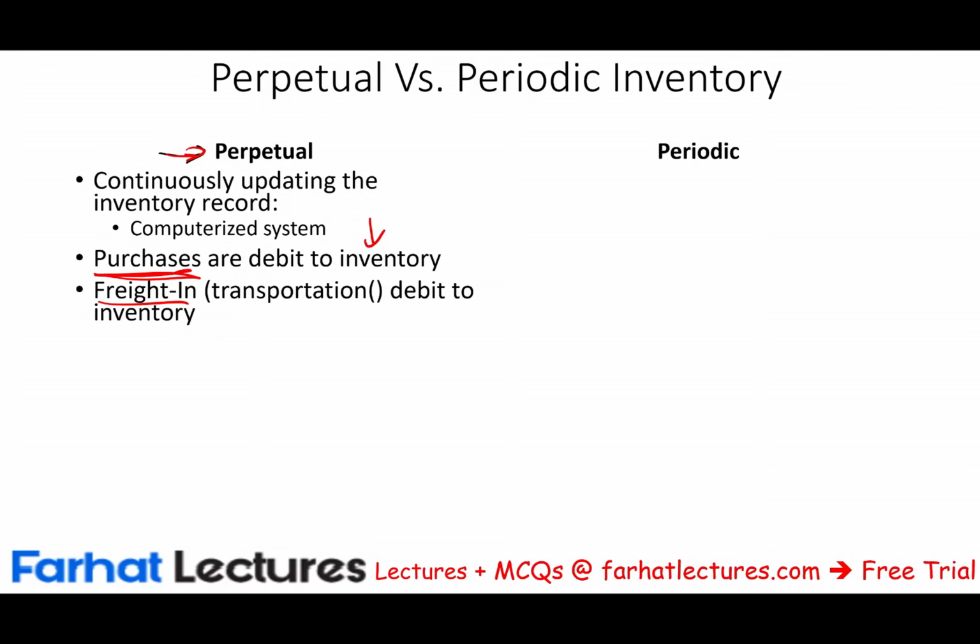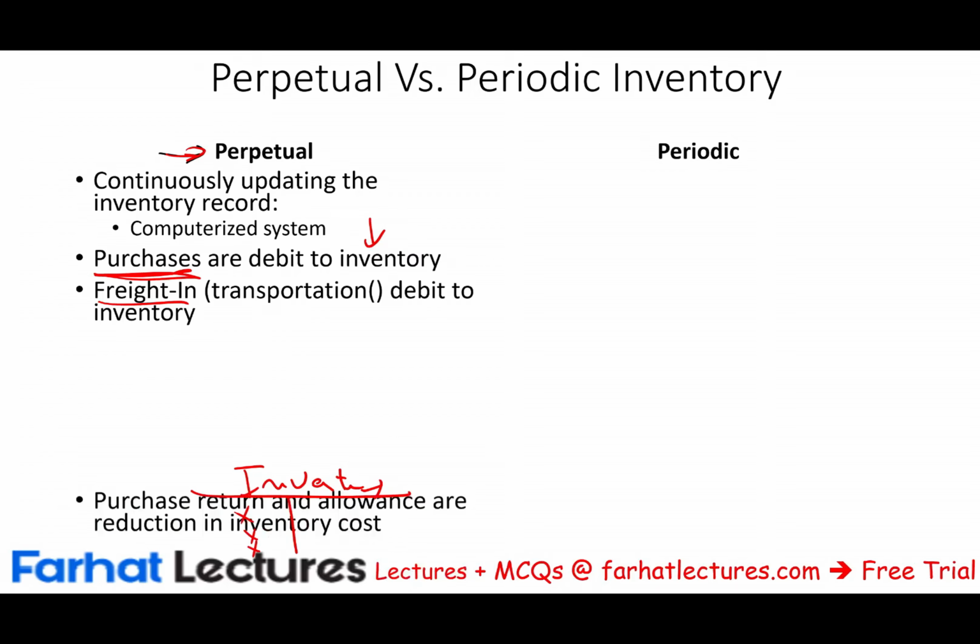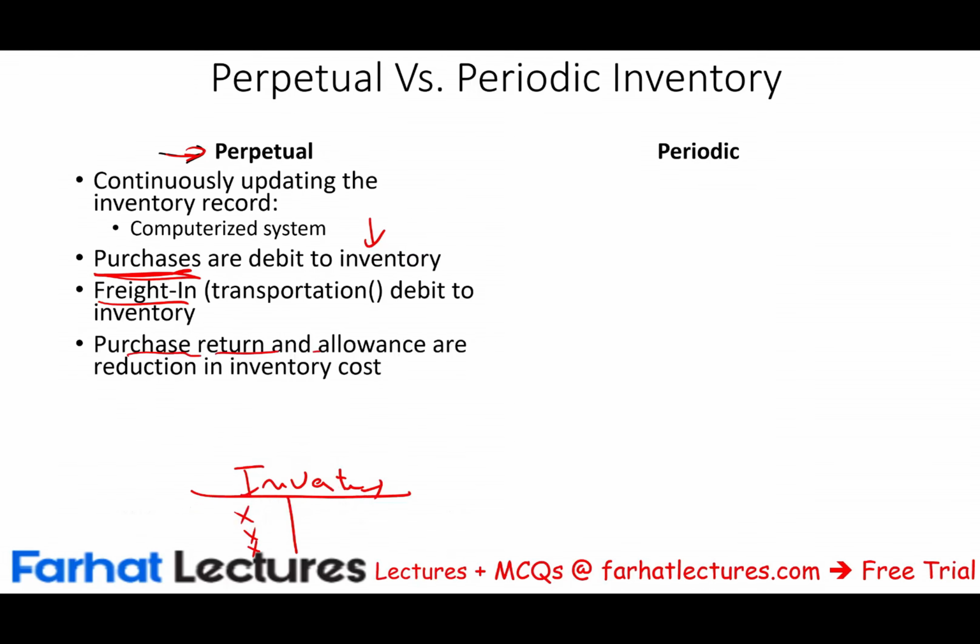So every time we buy inventory, every time we incur any related cost to inventory, we're going to see an example, we're going to have a merchandise inventory account, and as we make purchases, we will debit this inventory account directly. Any purchase returns and allowances reduce the inventory account directly.